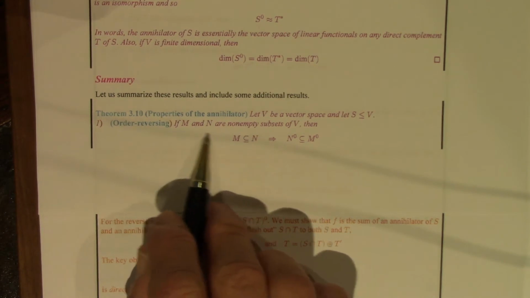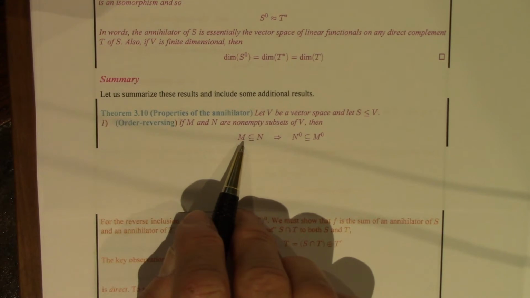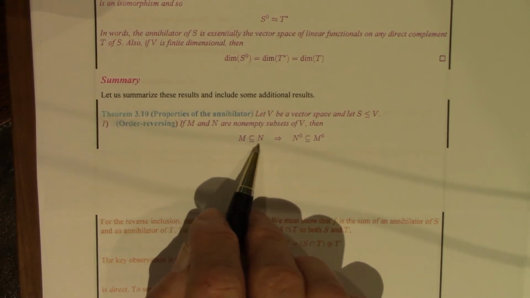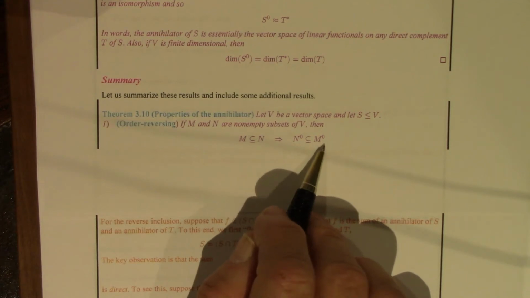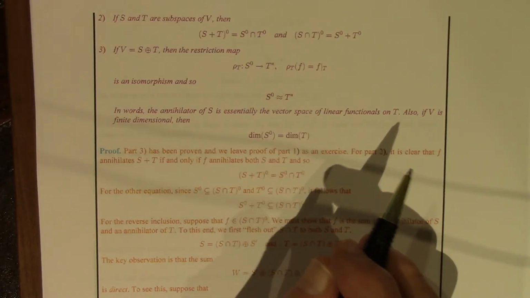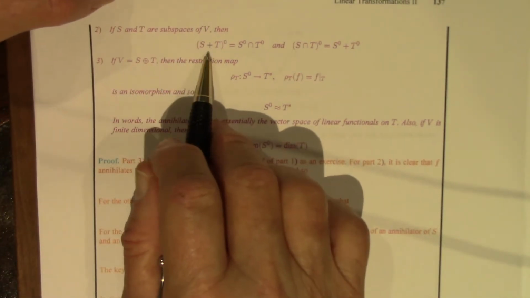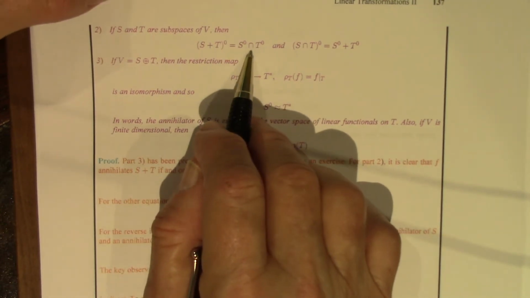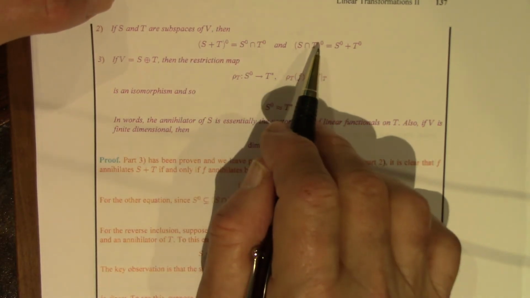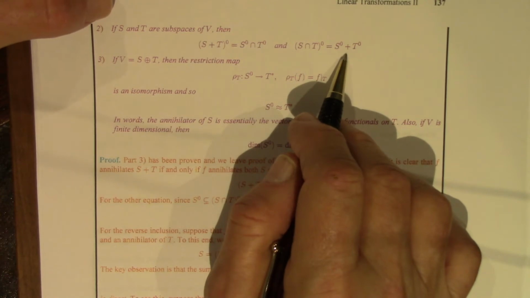If M and N are non-empty subsets of V, if M is contained in N, then N naught is contained in M naught. If S and T are subspaces of V, then the annihilator of the sum is the intersection of the annihilators, and the annihilator of the intersection is the sum of the annihilators.